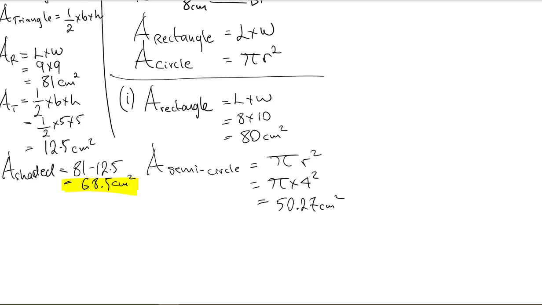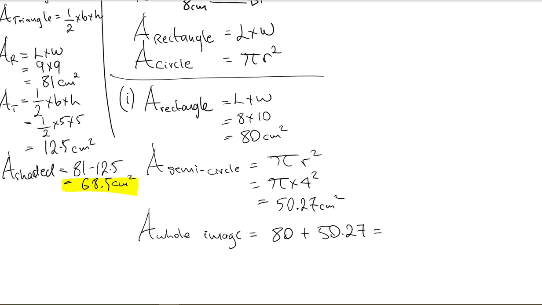Now if I want to get the area of the whole figure, I'll call it whole image, it is 80 plus 50.27. There are different ways you can do this.